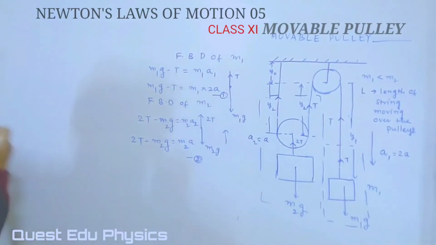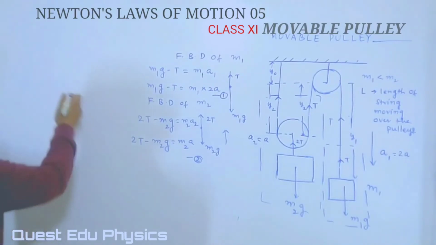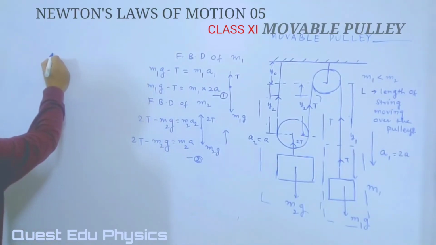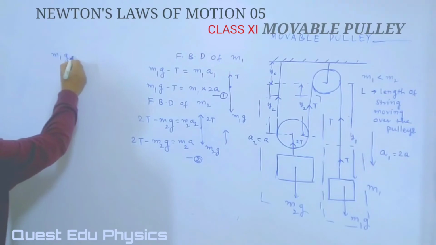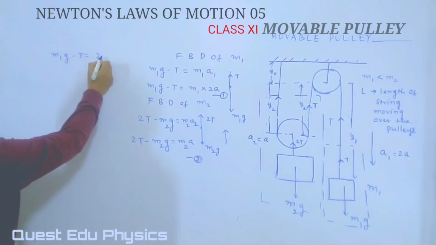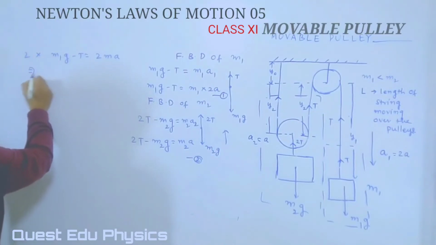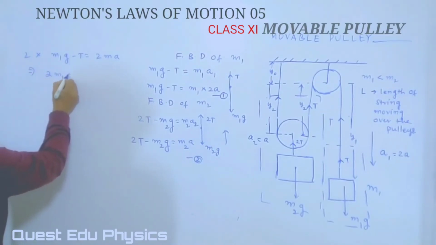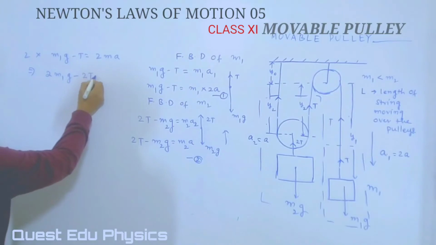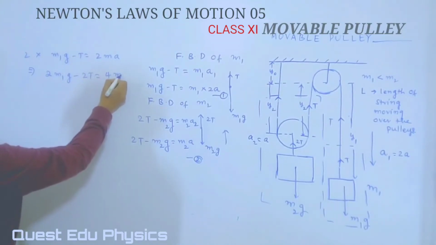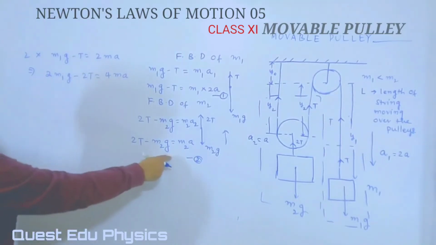Okay, students, we have to add these equations. It is M1g minus T is equal to 2M1a. Multiplying with 2, what do I get? 2M1g minus 2T is equal to 4M1a.